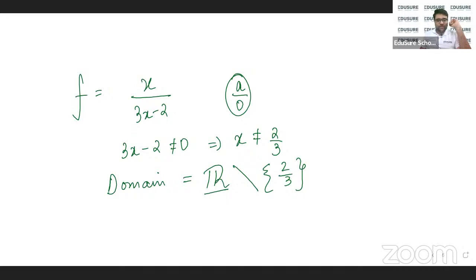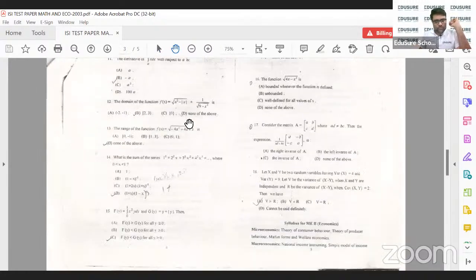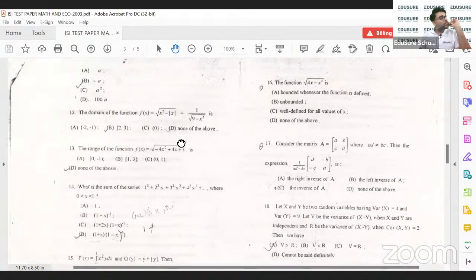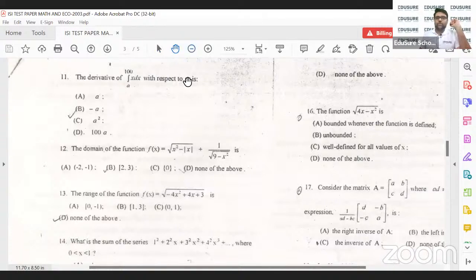ISI 2003 question number 12. Please take a look at the question.